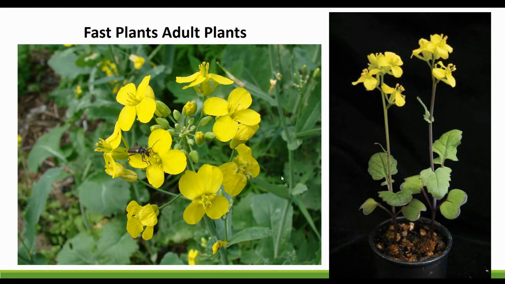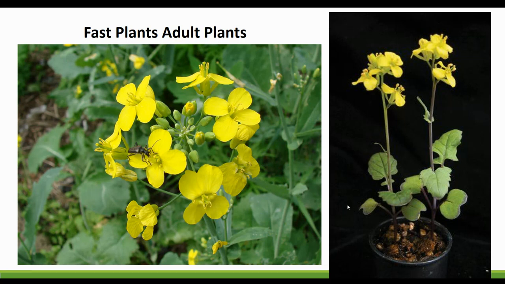But as you can see, nothing has really changed from the baby to the adult. The color of the flower is still the same from a little plant to the adult plant. The leaves still look the same. I don't know if you can see back here on the adult plant, the leaves look the same still. They still have the long stem going to the adult.